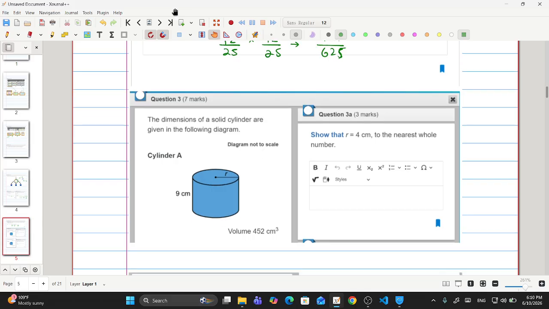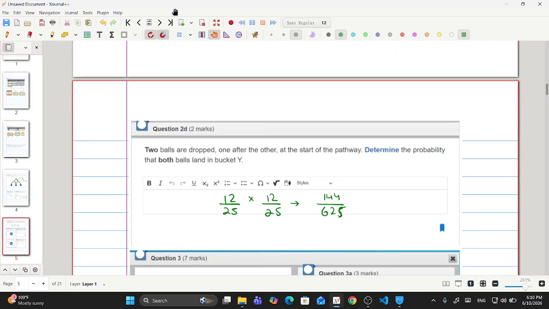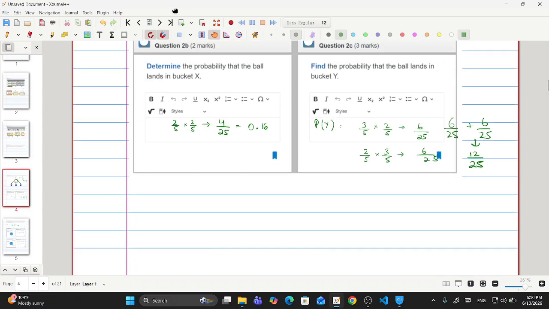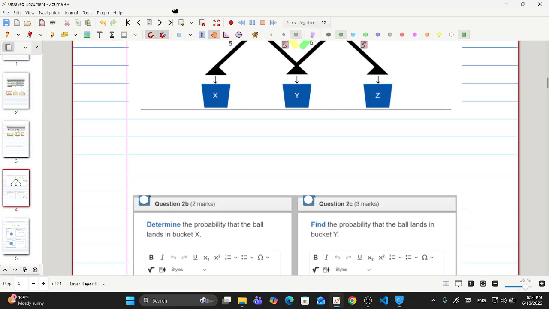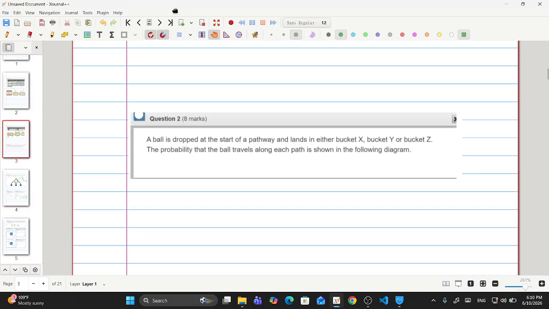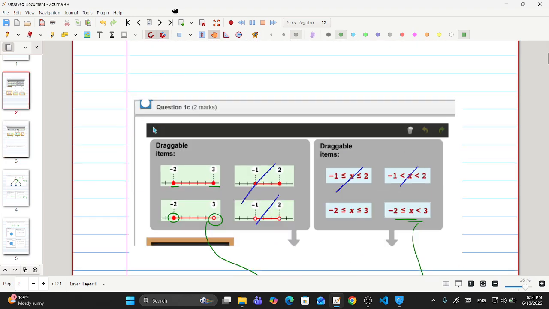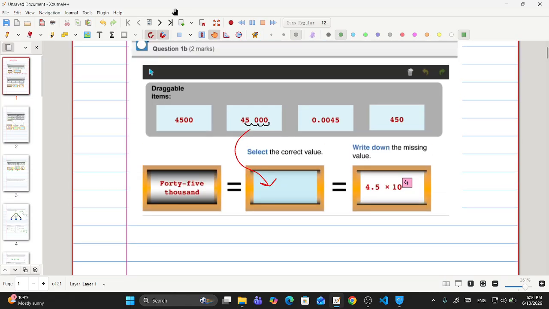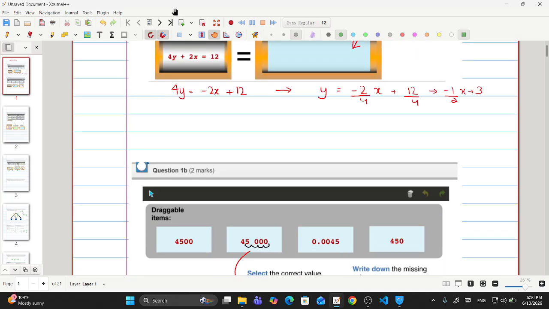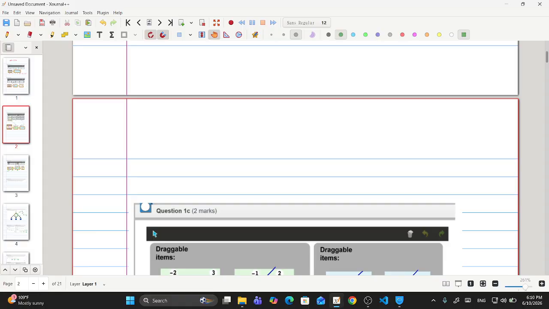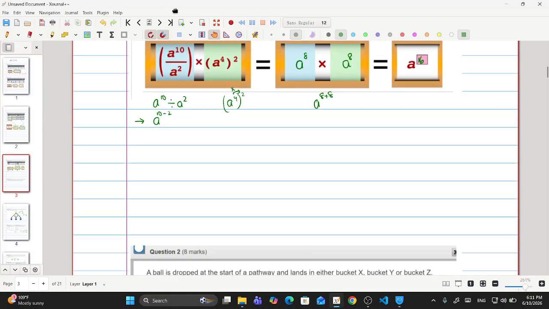I hope both of these questions, and logically speaking, I expect each and every student to get full marks in these two questions. How many marks was question number two? 8 marks. Question one was, I don't remember, I think one, two, three, four, five, 6, 7, 8.